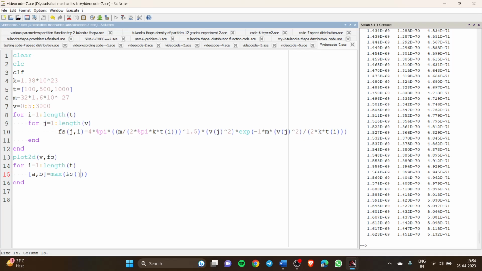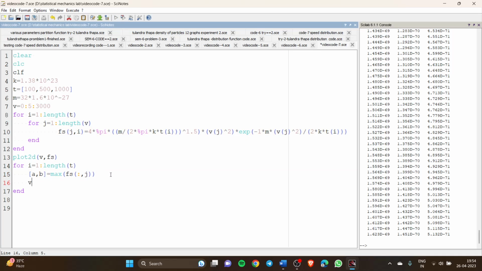Suppose we are taking the complete column, we write fs(j, :). This gives the max value into b, and this b will give us the maximum value.